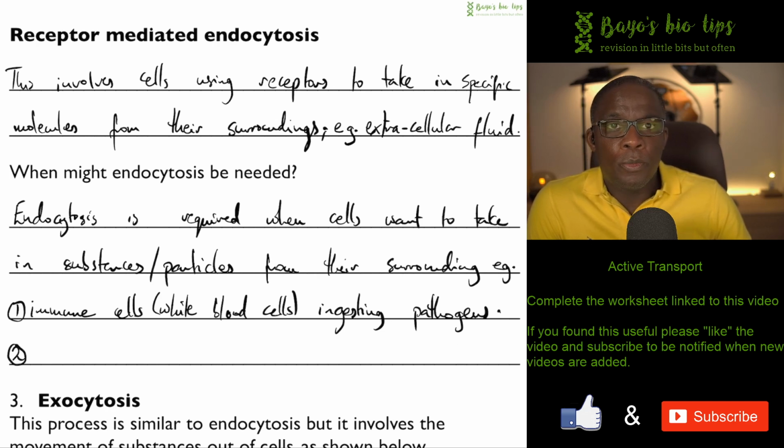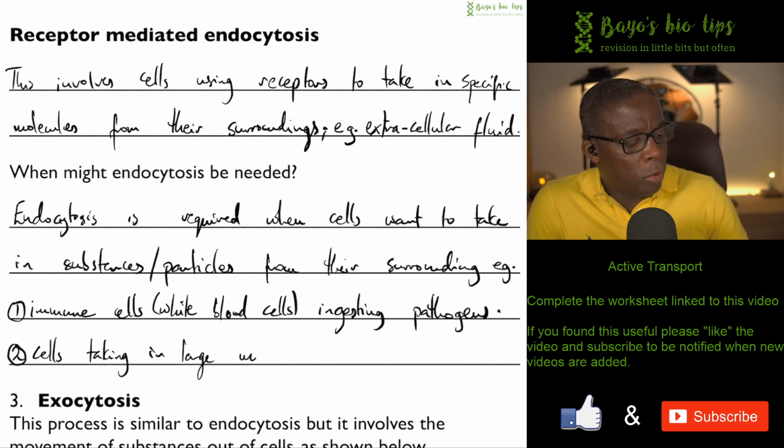Or another example might be cells ingesting or taking in substances which they require in order to make other substances. So cells taking in large molecules from their surroundings.